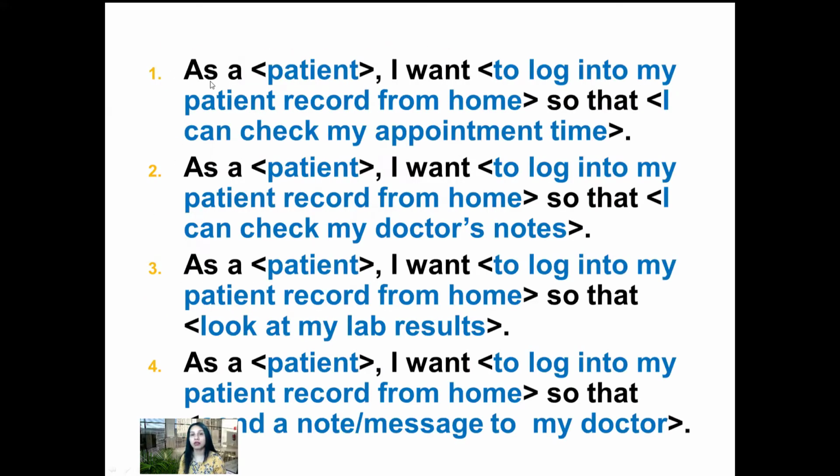So for example, if I were to give a developer as a patient, I want to log into my patient record from home so that I can check my appointment time, that could be accomplished many, many different ways, right? And looking at that, my developer cannot tell me how long it will take him or her to code this piece of functionality, because it's not clear.